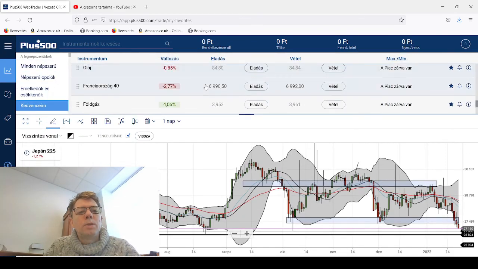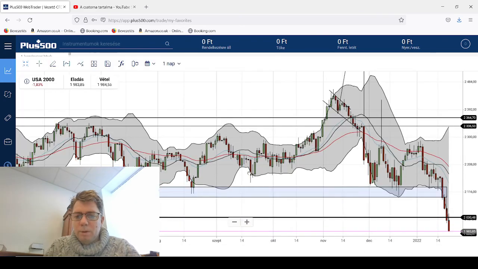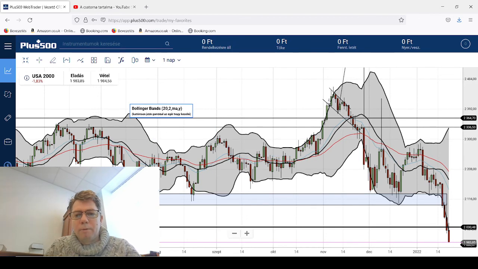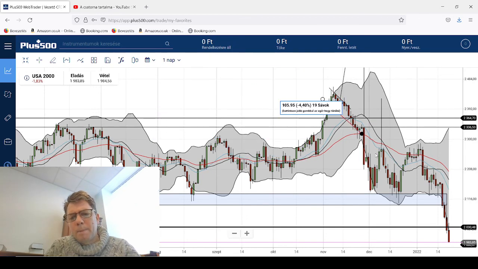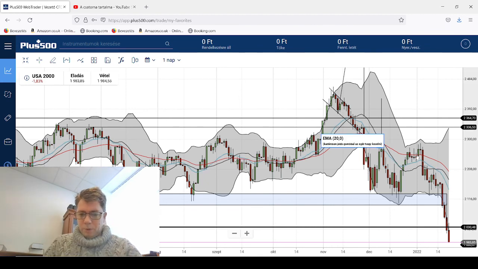Let's go over to the Russell. It very often happens that we have a false break to the upside, then come back down to the bottom of this range, and eventually break to the downside.